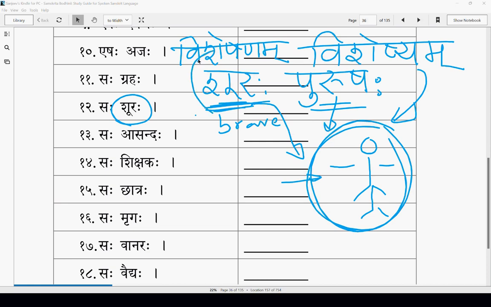Shuraha is not the quality. Shura is the one who has that quality of bravery. Brave is not the quality. Bravery is the quality. So here Shuraha represents the person, not the quality, in which the bravery is there.